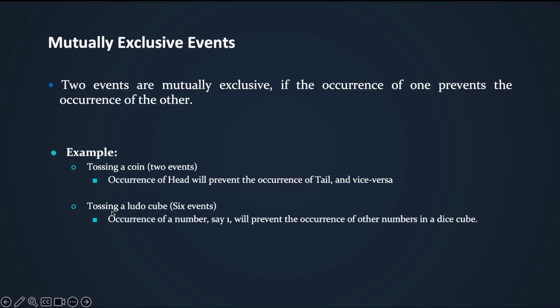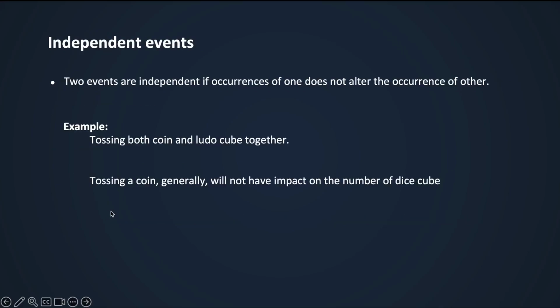The next term to keep in mind is independent events. That is, two events are independent if occurrence of one does not alter the occurrence of the other.